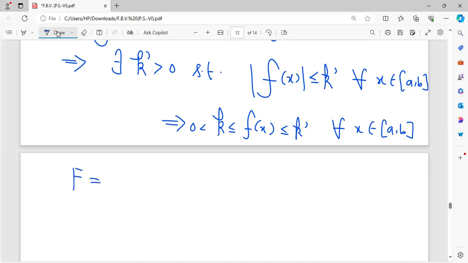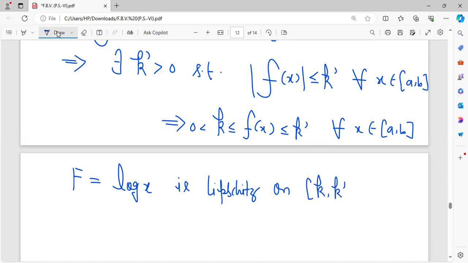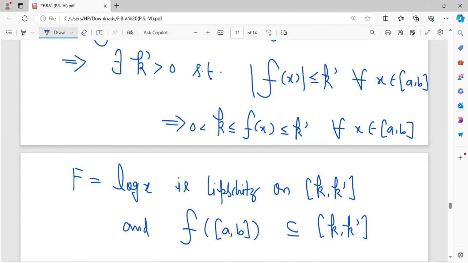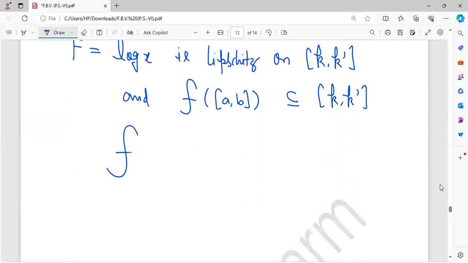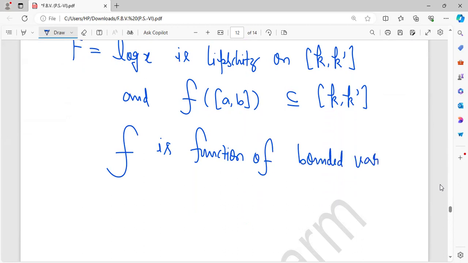Now log x is Lipschitz on this interval [k, k dash], and the range of f on [a, b] is contained in it, and f is also a function of bounded variation on [a, b].